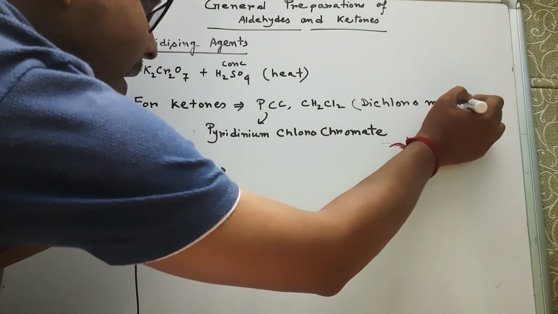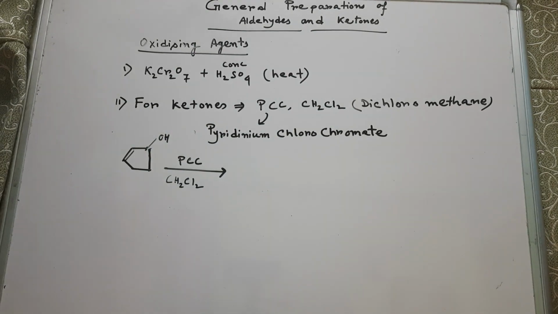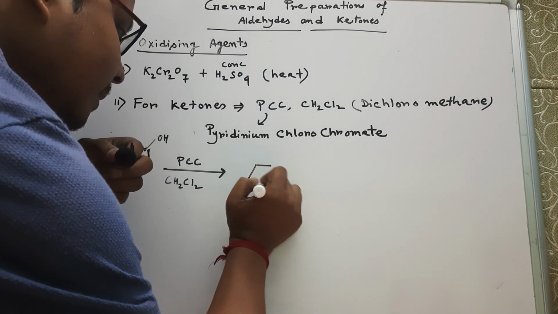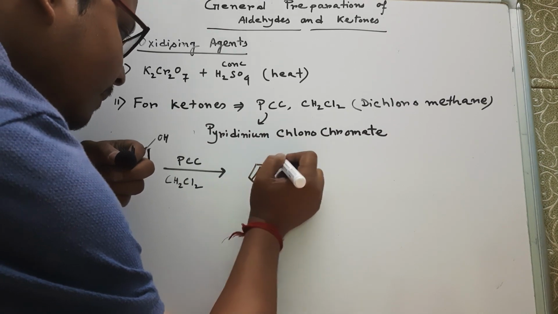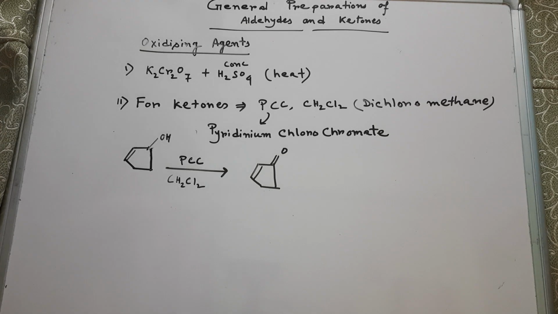Dichloromethane actually acts as the solvent. So if you use it, you just get this ketone. Okay.